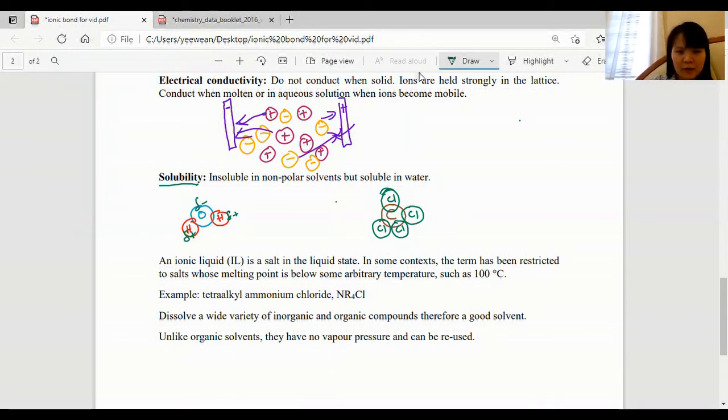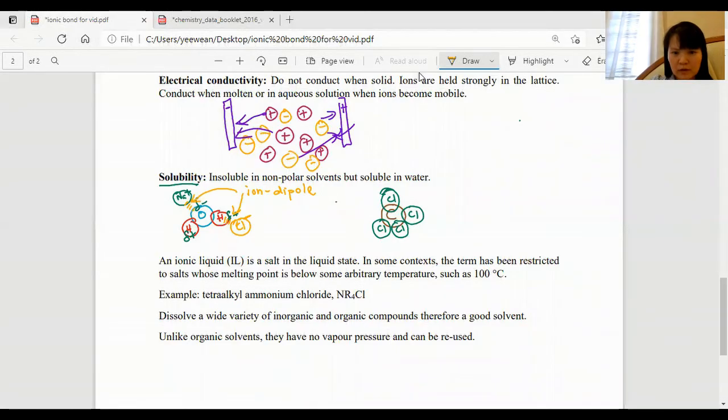Therefore, the Na will be attracted to the O, and Cl will be attracted to the H. So these bonds formed are called ion dipoles: ion from the Na+ or Cl- here, and dipole from the water.